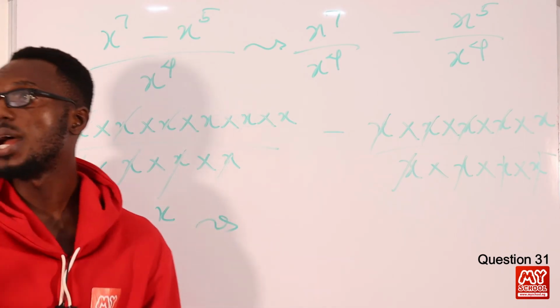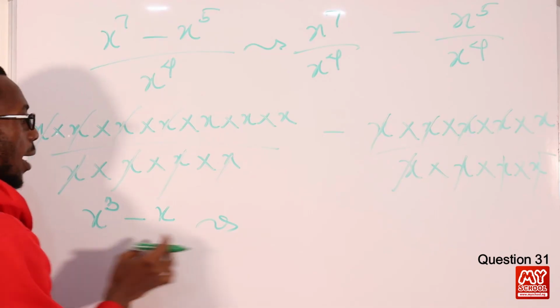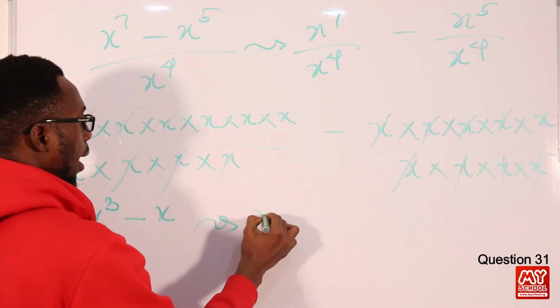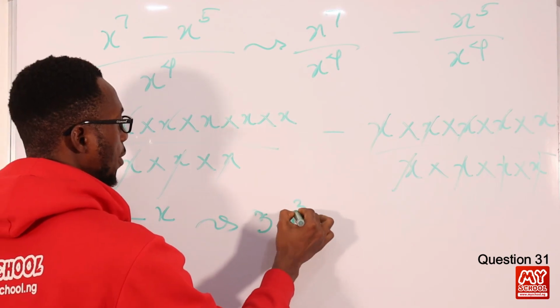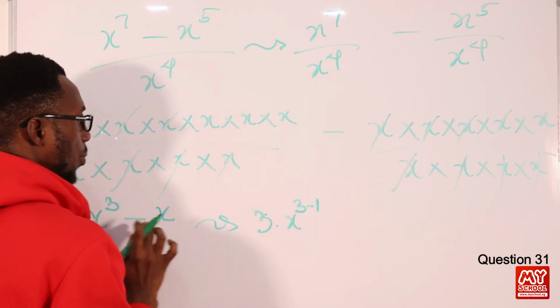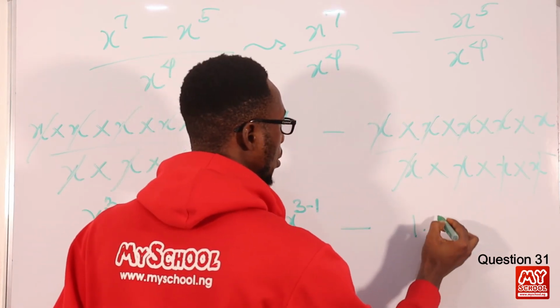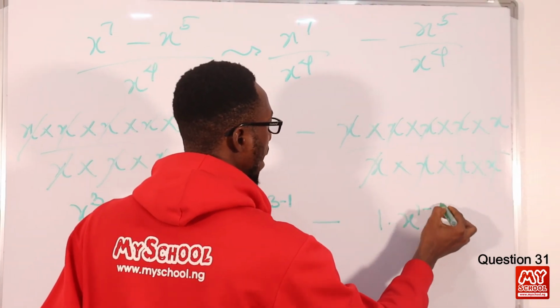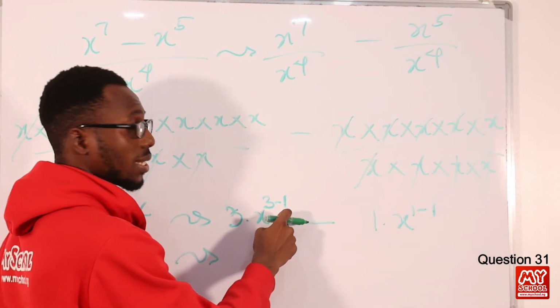All right, do we see this then? From the question, we are asked to find the derivative of y equals this. So if we differentiate here, this would be 3 times x raised to the power 3 minus 1. Then we have minus 1 times x raised to the power 1 minus 1. So this is definitely 3 minus 1, that is 2.